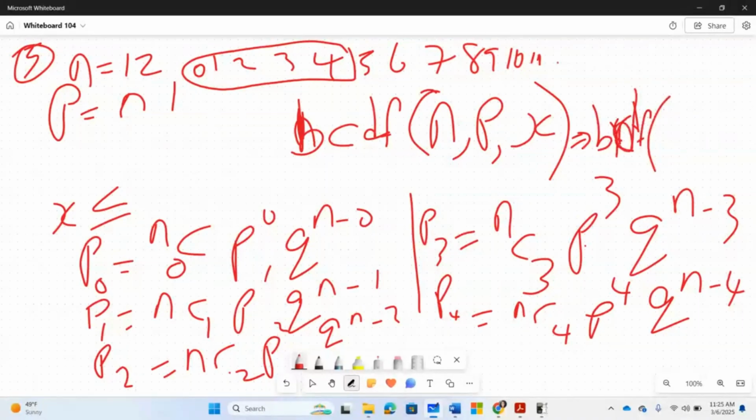What is n? n is 12, comma, success is 0.1, and the random variable is 4, starting from 4 down. So I'll pull up my calculator and calculate that.